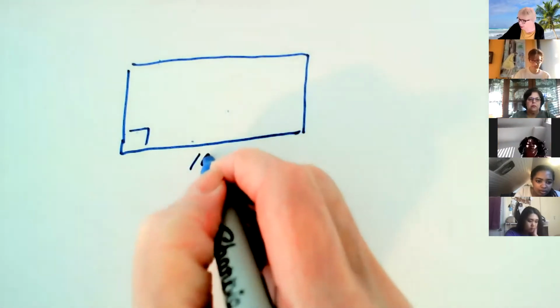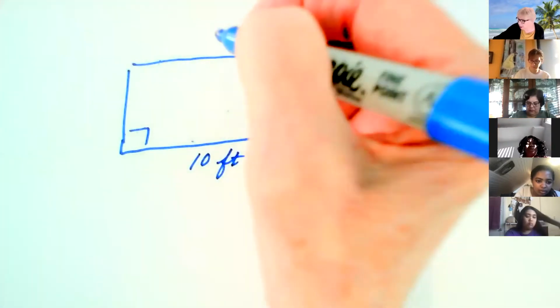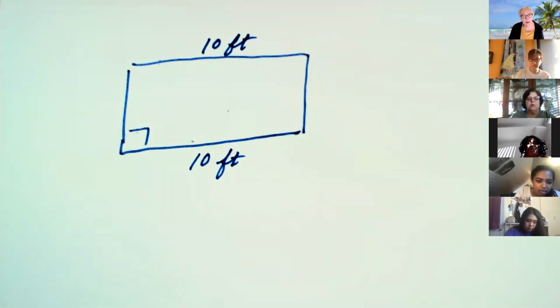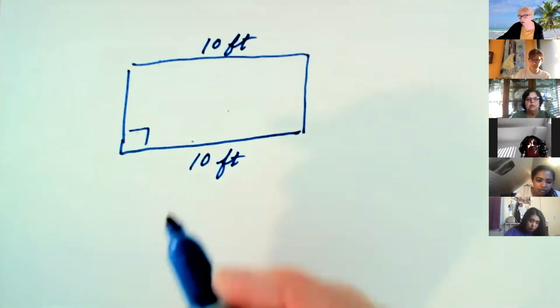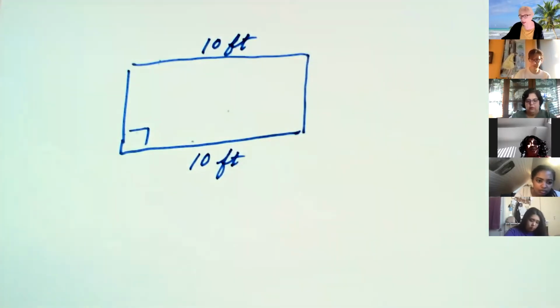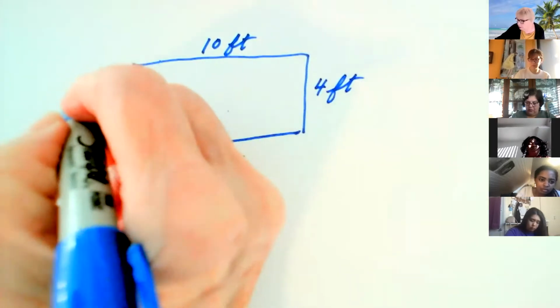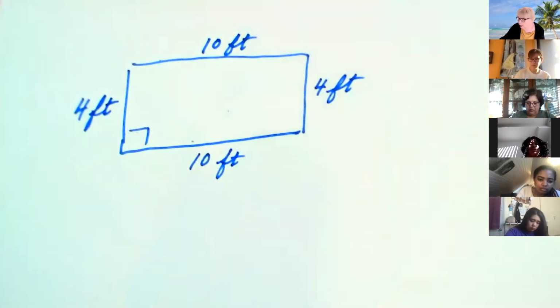So if this was 10 feet, rectangles have opposite sides the same exact size, so once you have one, you have two. Let's say this is 4 feet, and this is 4 feet. Now, why did I make them all feet for my example?